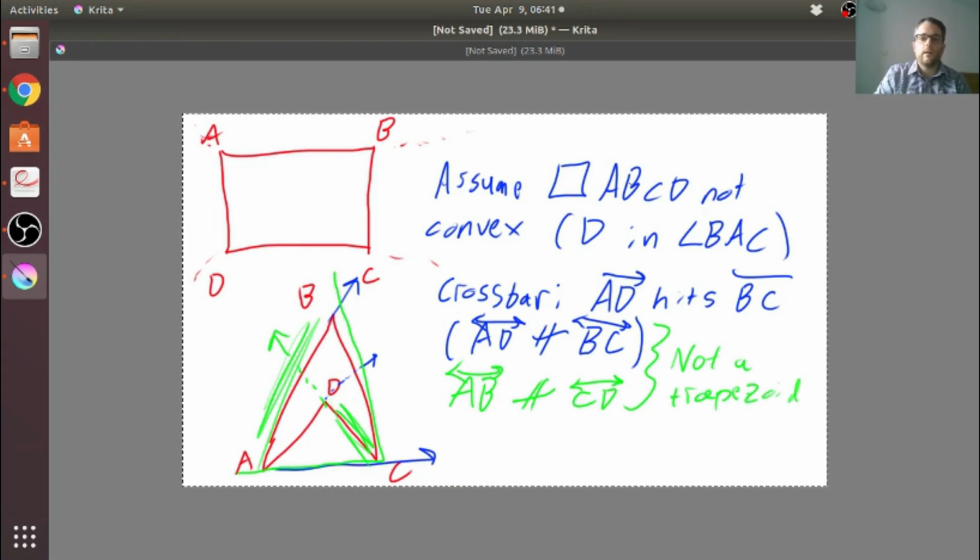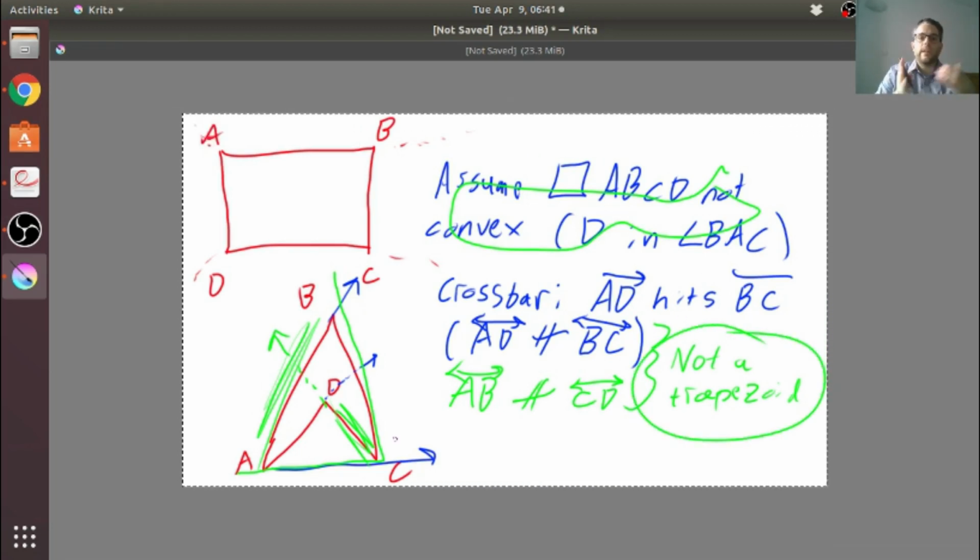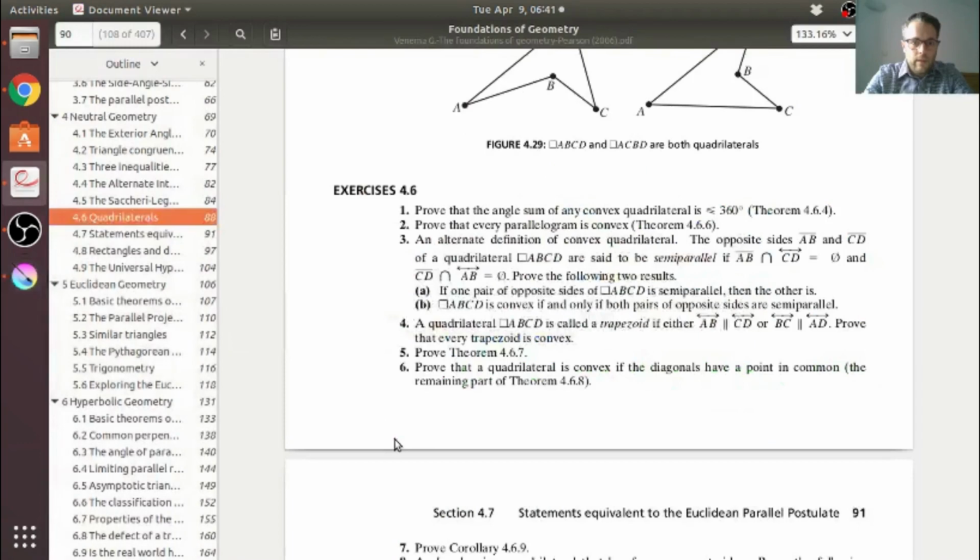So again, not convex means not a trapezoid. The contrapositive says if it's a trapezoid, then it's convex. So the arguments for problems 3 and 4 are very similar, and I understand why you asked about both of them, Kelly.